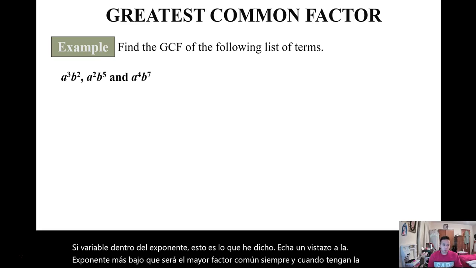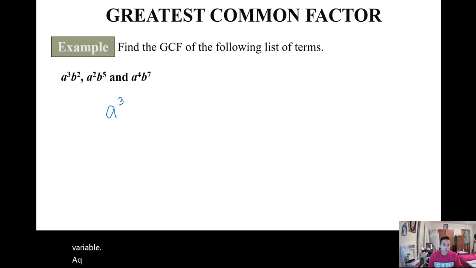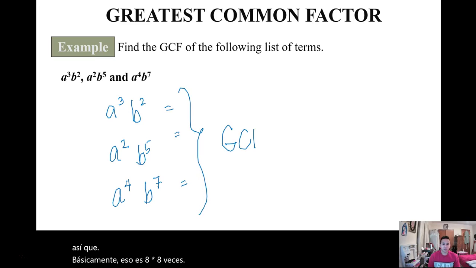So a cubed, b squared, and then a squared, b to the 5th, and then also we have a to the 4th, and b to the 7th. Basically that's a times a times a times b times b.